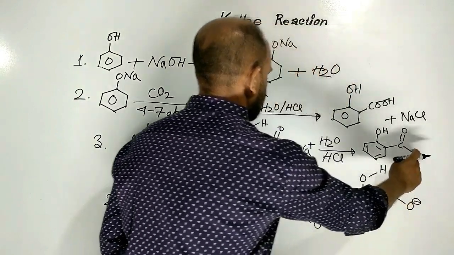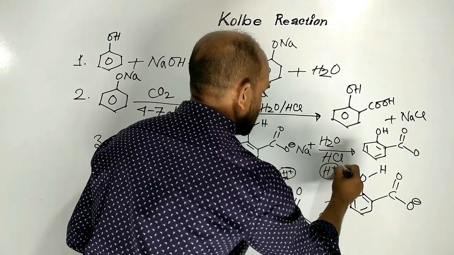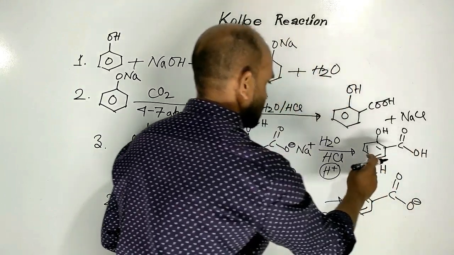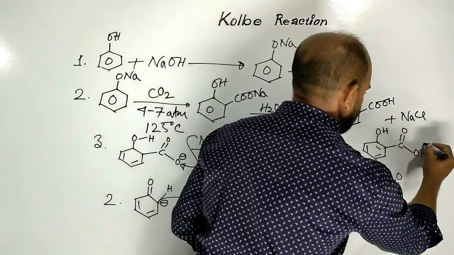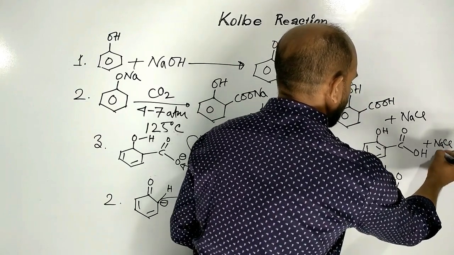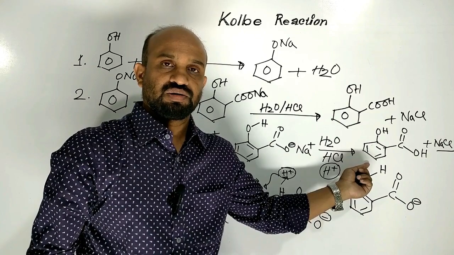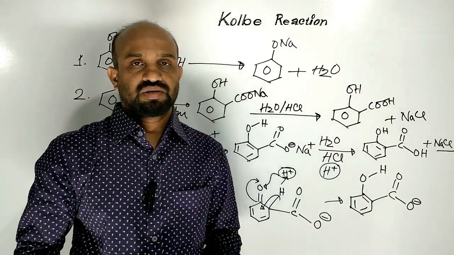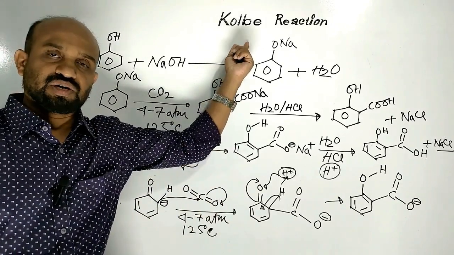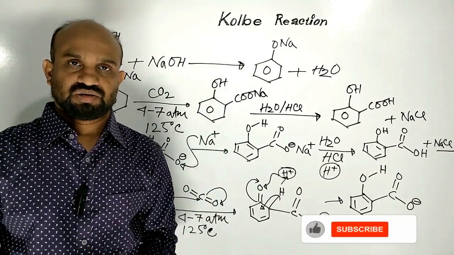This oxygen will get proton from this acid, that is salicylic acid. Sodium chloride is formed as byproduct. We got salicylic acid. Salicylic acid through Kolbe reaction. This is the mechanism of Kolbe reaction.